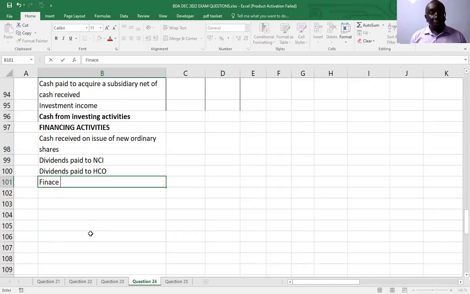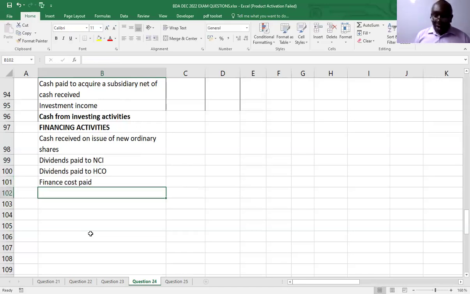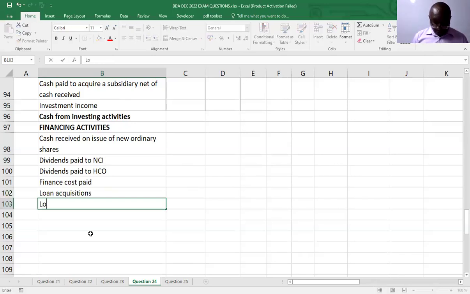Finance, cost paid. We have loan acquisitions, then we have loan repayments.